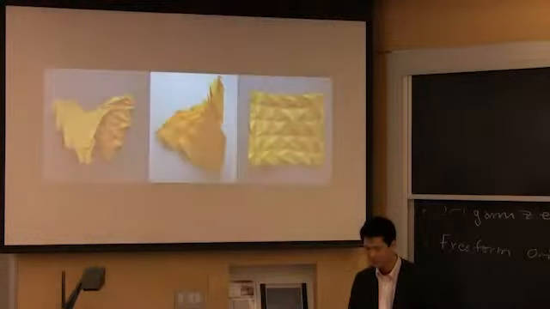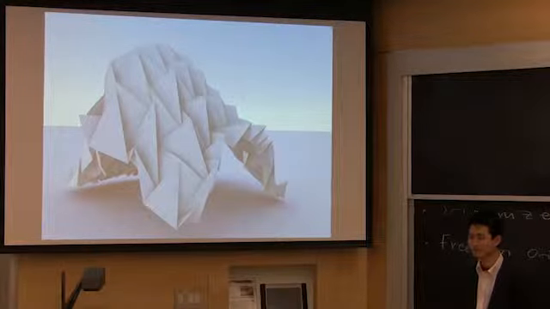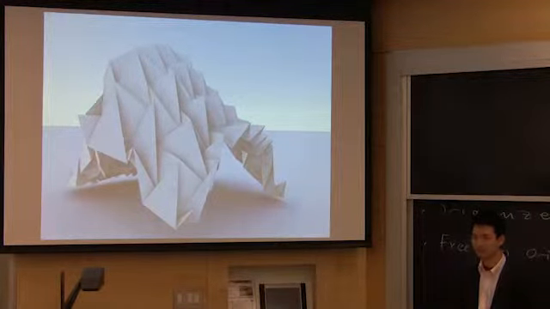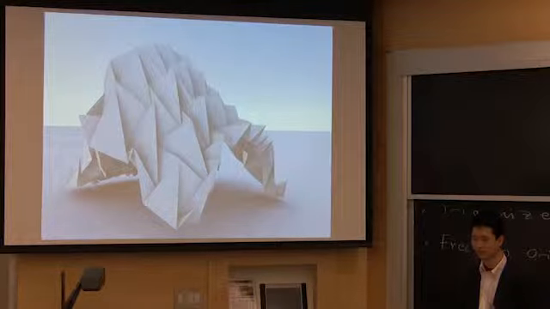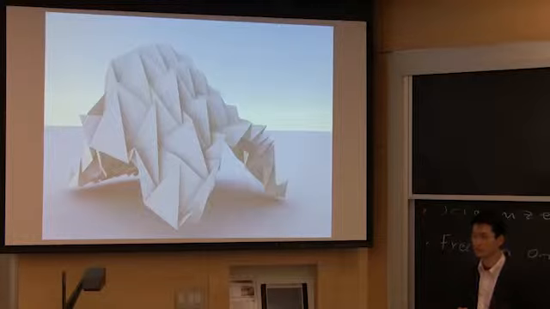So curved crease origami is quite hard. I have tried with this software, and it works for some cases, but for most of the cases it doesn't work because there are too many degrees of freedom.